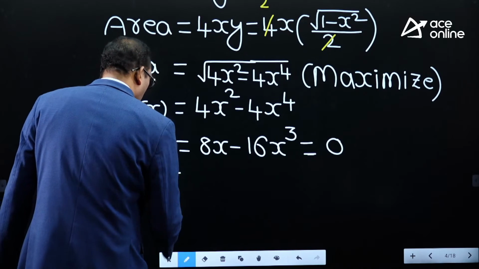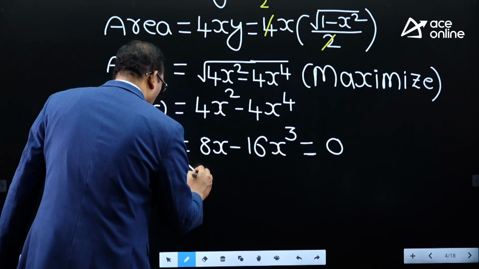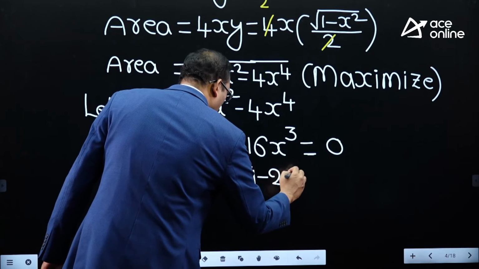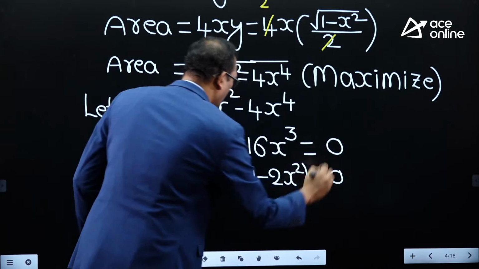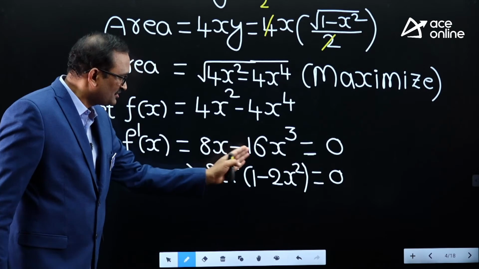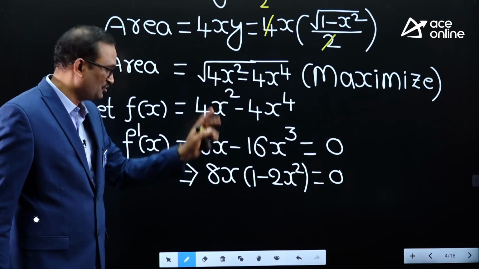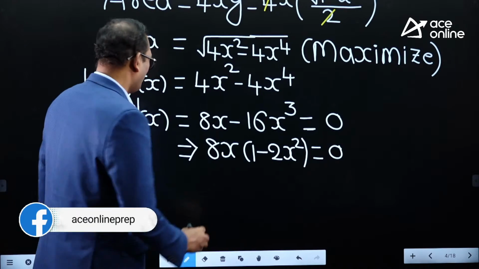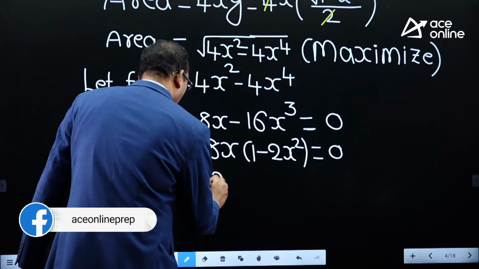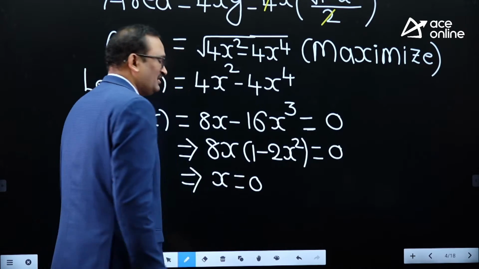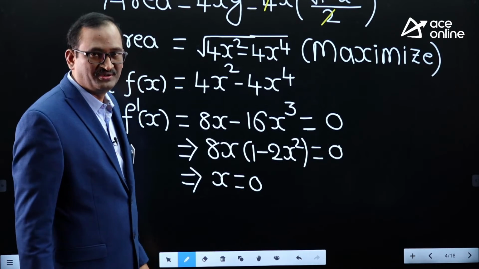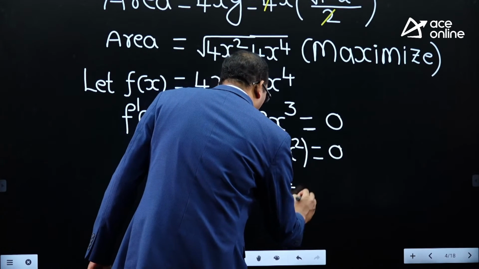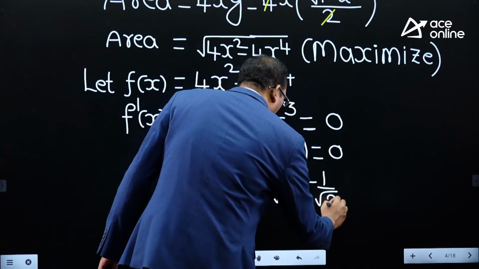Take out 8x as common, then it becomes 1 minus 2x square equal to 0. 8x into 1 is 8x, and 8x into 2x square is 16x cube. 8 cannot be 0, so the other choice is x equal to 0. From 1 minus 2x square equal to 0, 1 equal to 2x square, x equal to plus or minus 1 by root 2. These are the critical points.